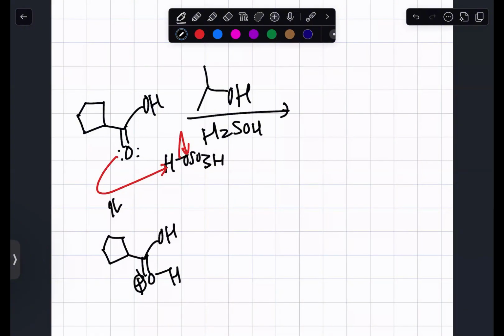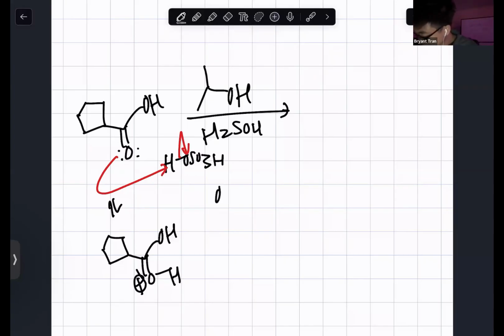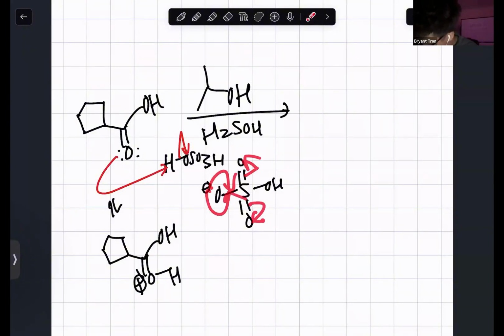Wouldn't it be the OSO3H? OSO3H. So the OSO3H here does have a negative charge, right, on the oxygen. But this negative charge here, you know how it could do resonance 2 times with the structure like that?